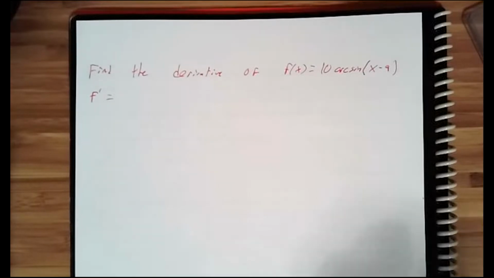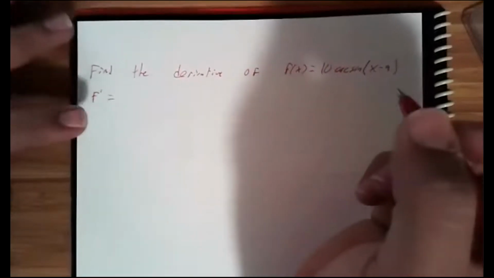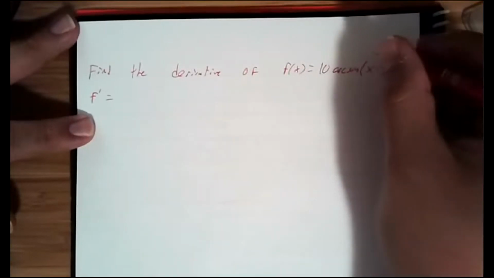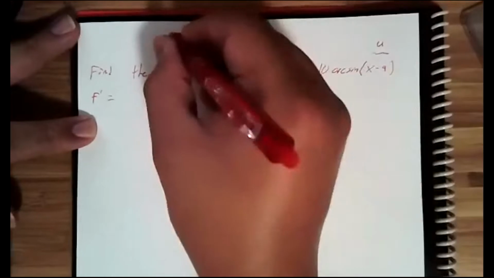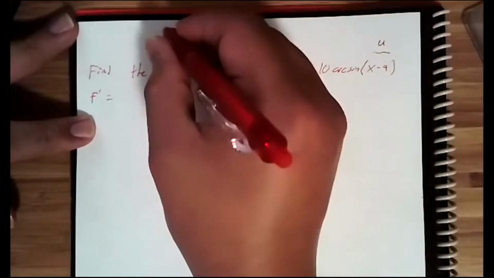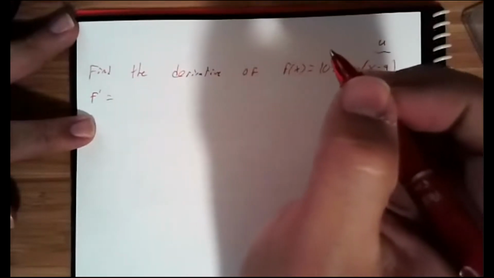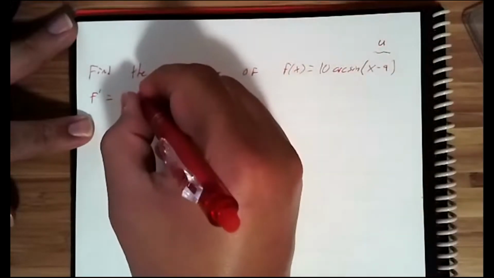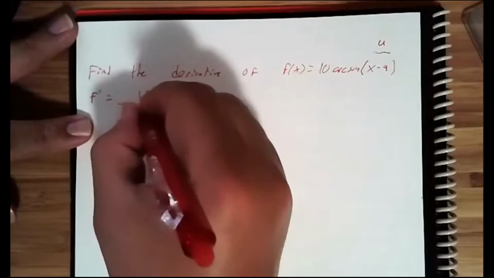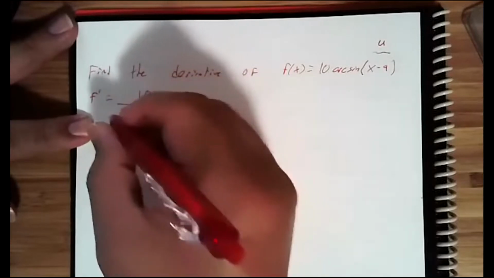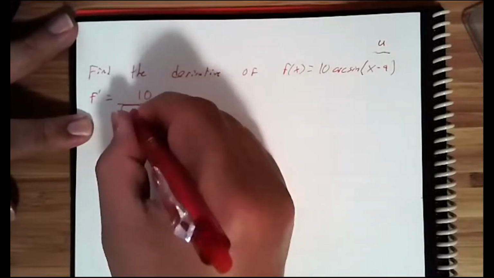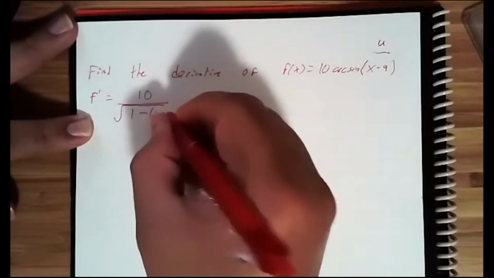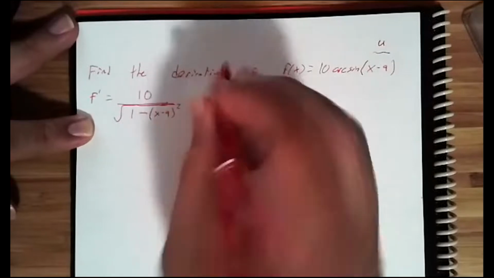Okay. So the derivative will be, so this is my like u, right? So the answer should be 10 over the square root of 1 minus x minus 9 squared.